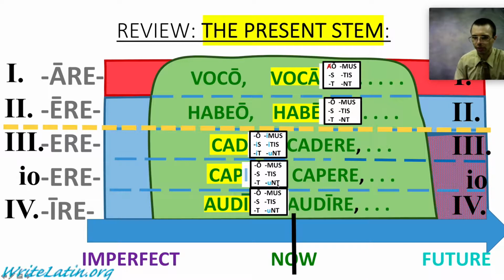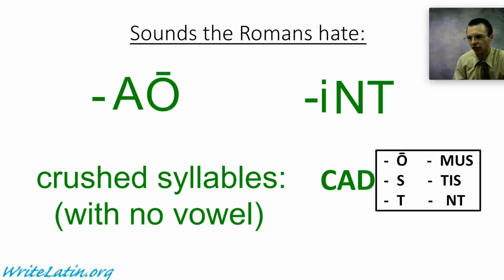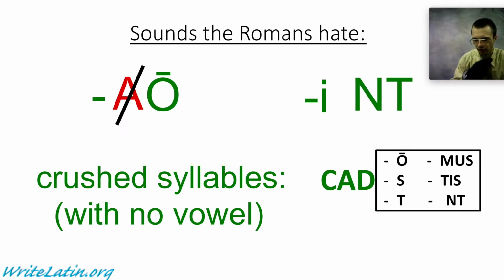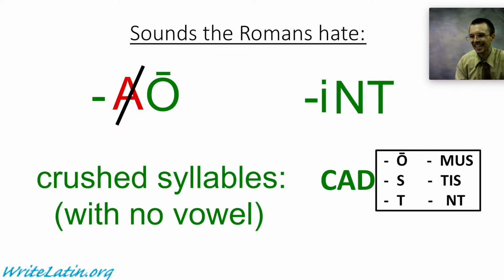That's what it would be, but you see some blue things, blue exceptions slipping in. So let's cover these exceptions now. Why does this occur? Well, because there are two sounds that the Romans hate. You can forget the one on the left here because that comes in stage 15, but the one on the right here is what we want to deal with. The Romans hate int. It sounds flimsy and weak.